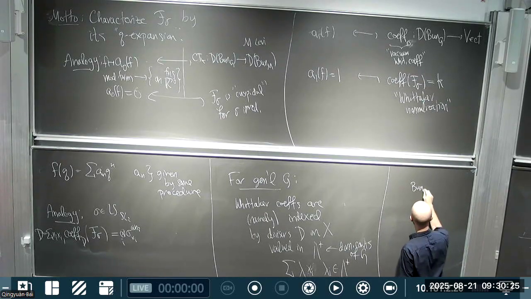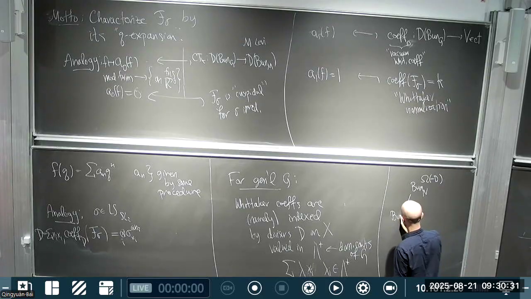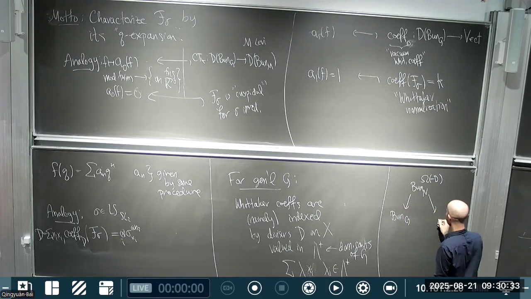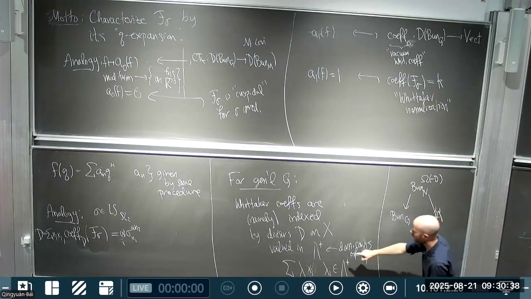You do exactly the same thing. You take some Bun_N, and instead of putting an omega here, you put an omega of minus d, and this will map to Bun_G, and this will also map to A1, and the fact that it maps to A1 is going to be exact.